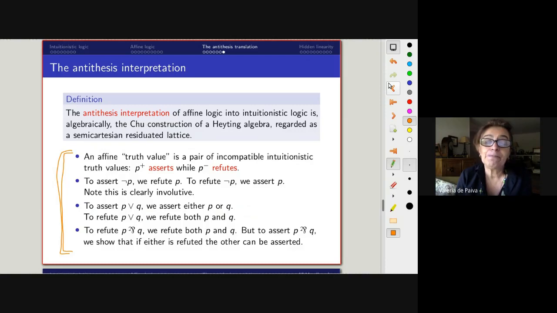But the thing that is happening is that in full intuitionistic linear logic, you have this separation of concerns. You will have linear implication, multiplicative and additive conjunction, multiplicative and additive disjunction, and negation.